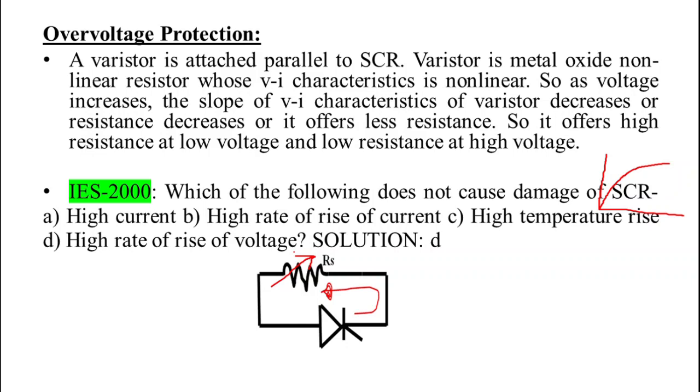This is because high rate of rise of anode voltage does not cause any damage to SCR. It is only responsible for accidental turn on of SCR. That's why we need protection against it. So it is not going to damage SCR. That's why answer is D.